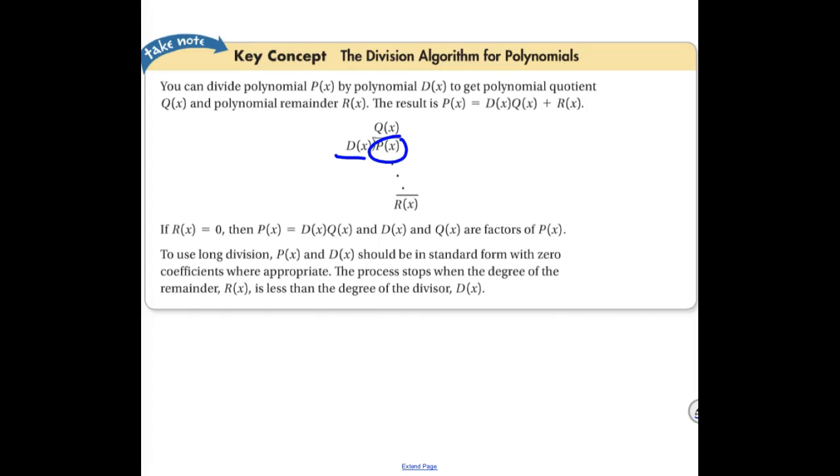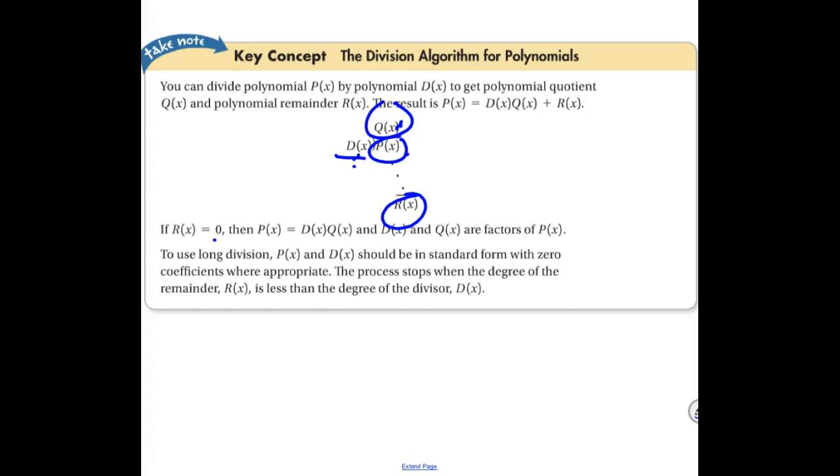All right, that's our divisor. We get a quotient for the answer, and we get some kind of remainder sometimes. Sometimes it's 0. Okay? If the remainder is 0, then p of x is the same as d of x times q of x. Okay? If we get a remainder of 0, then these are the two factors that create the polynomial.